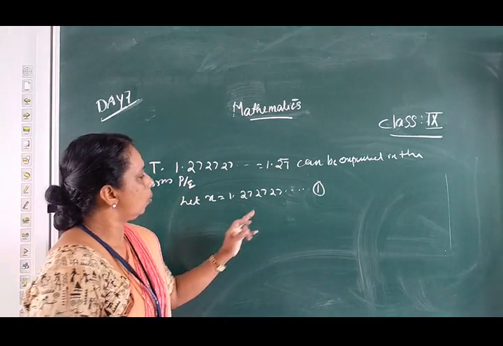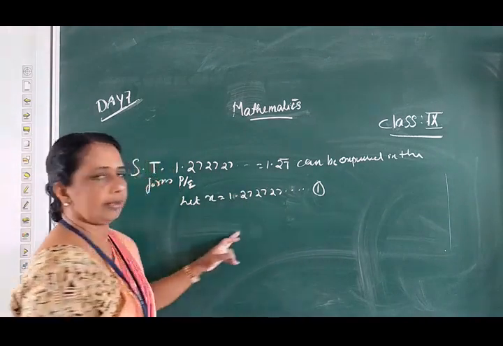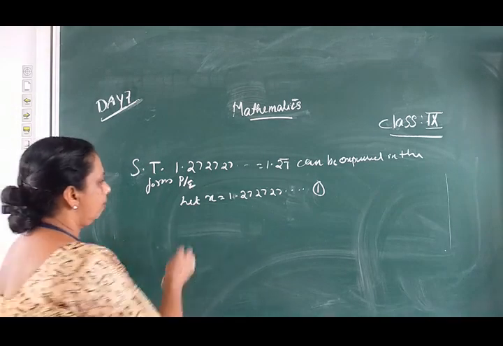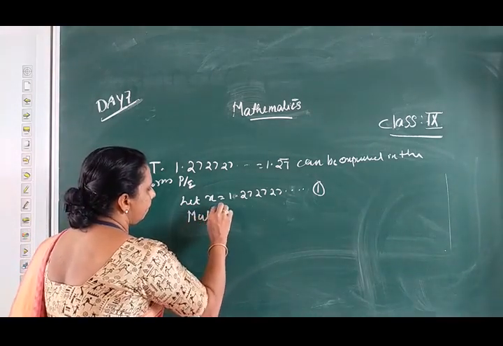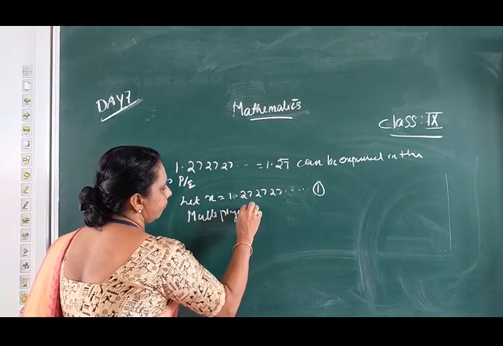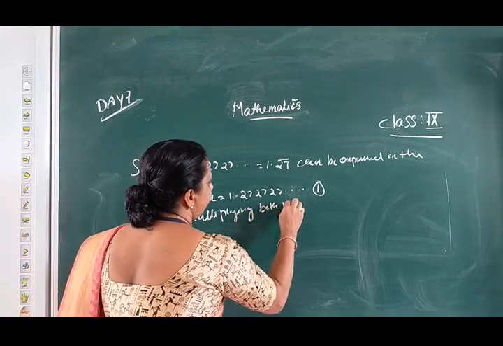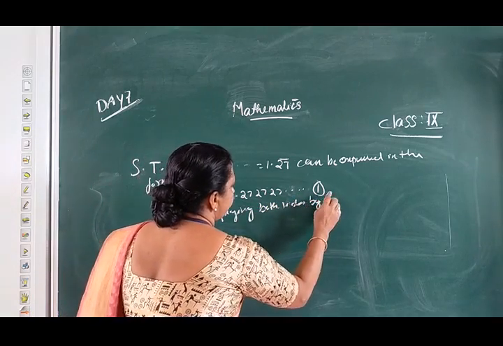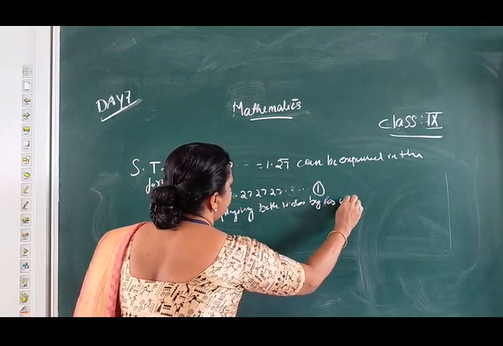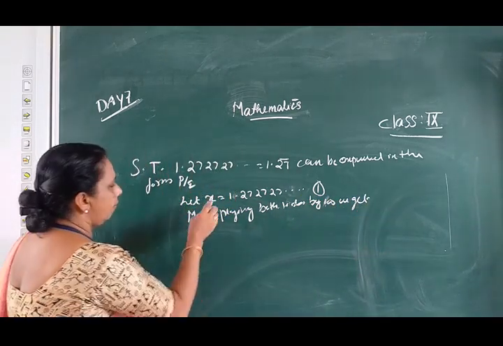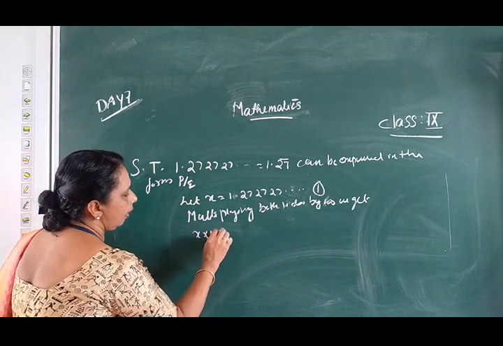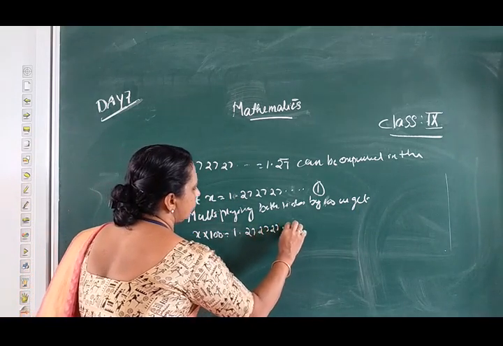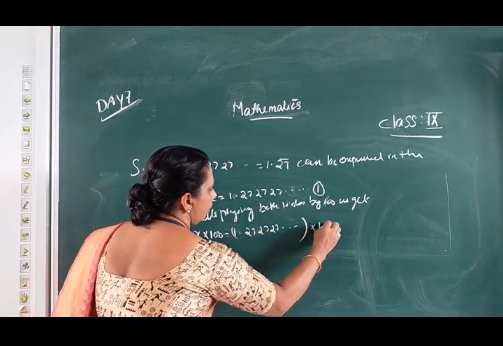That we take as equation number 1. Here the decimal after 2 digits is repeating, so we have to multiply both sides by 100. Multiplying both sides by 100, we get left hand side x into 100, right hand side 1.272727 etc. into 100.